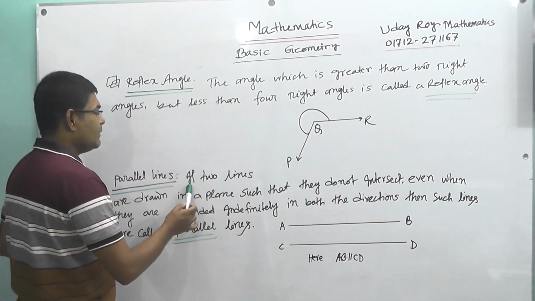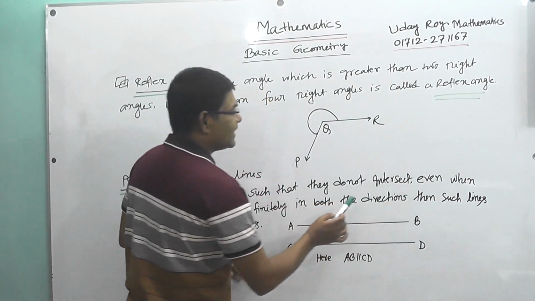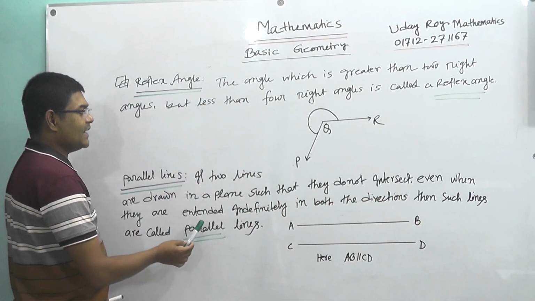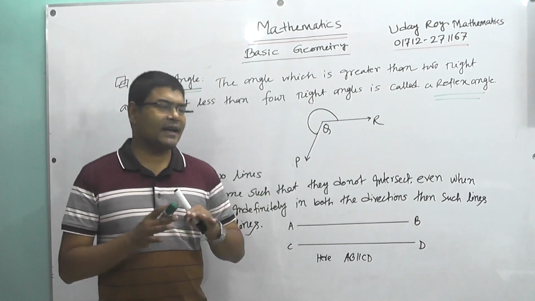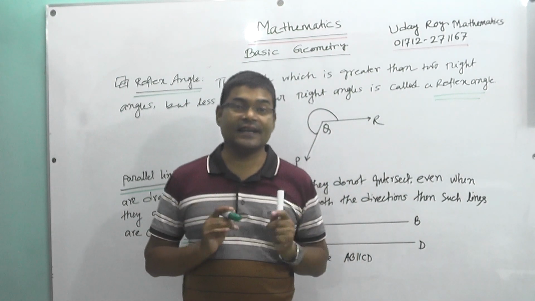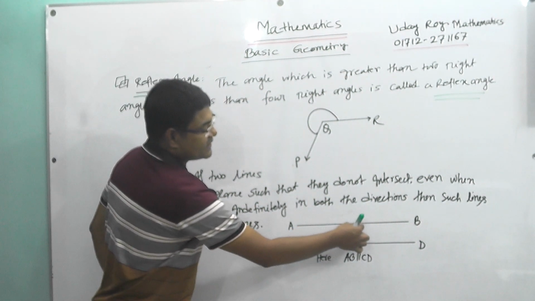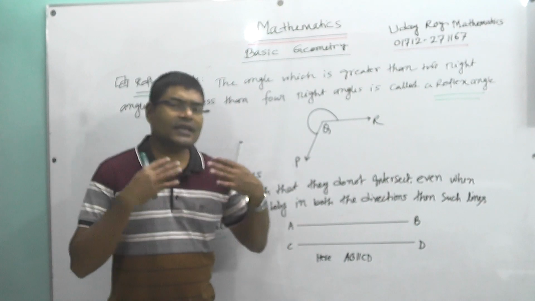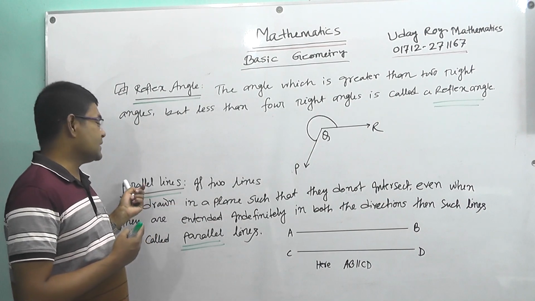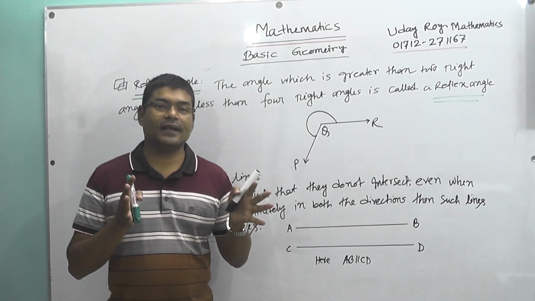If two lines are drawn in a plane such that they don't intersect even when they are extended infinitely, and the distance between the two lines is always equal, they are parallel lines. Here AB and CD are parallel lines.